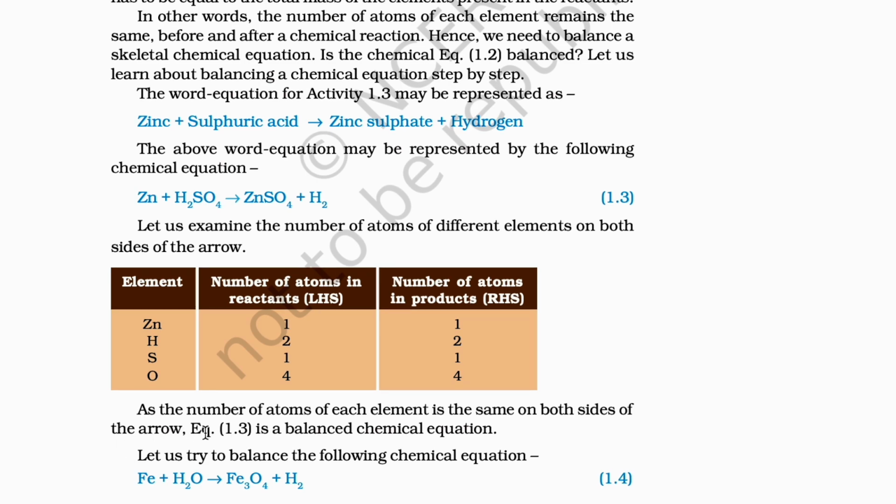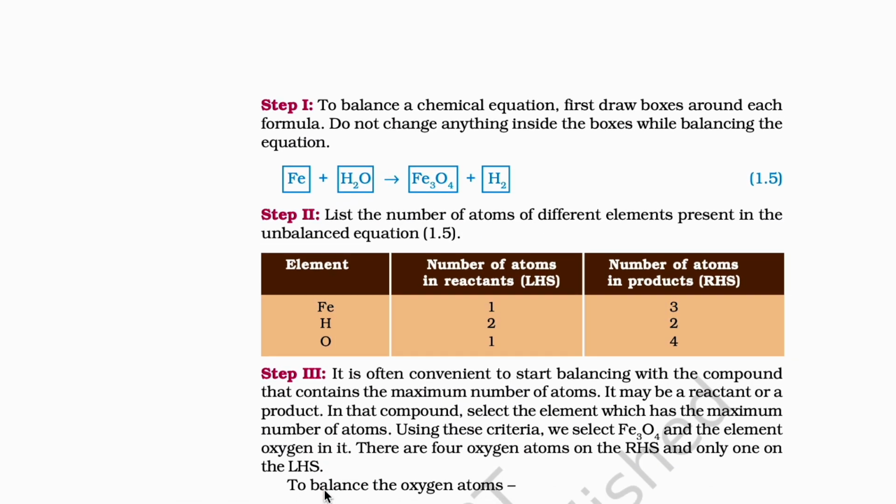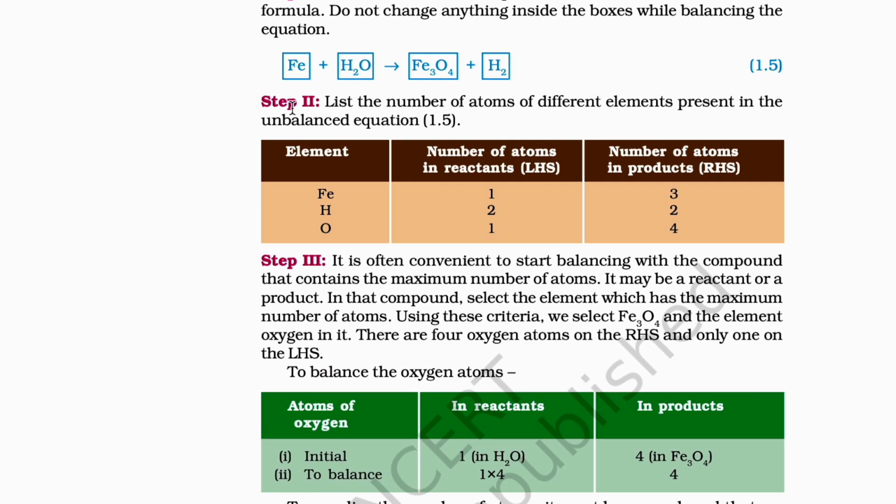As the number of atoms of each element is the same on both sides of the arrow, equation 1.3 is a balanced chemical equation. Let us try to balance the following chemical equation. Fe + H2O converts to Fe3O4 + H2. Step 1.